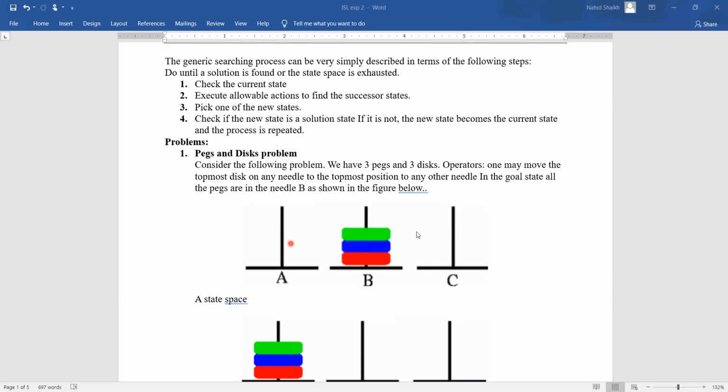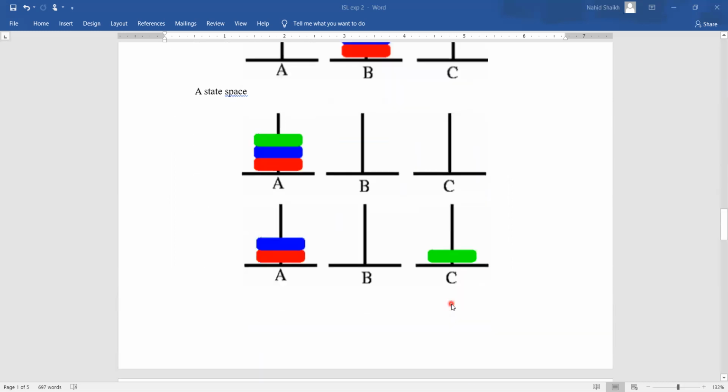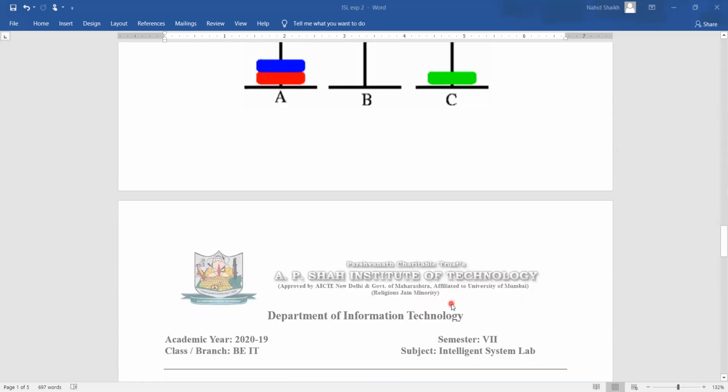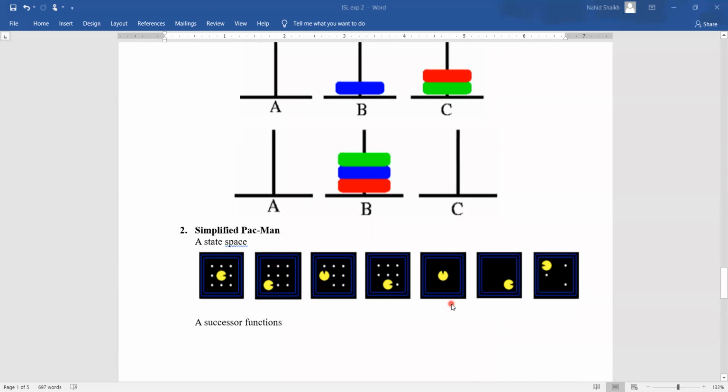I'll put green here or here, and then I'll try all combinations, and at the end I can reach this goal state where all the disks are present in the peg C. So this is how you move further for any given problem. You can define these four things for the problem.